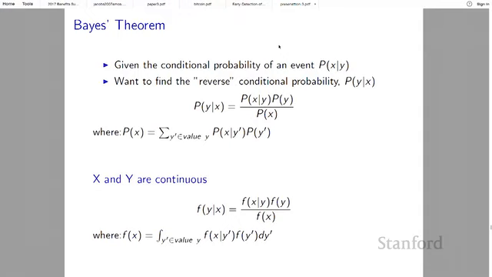What you want is to find the probability of y given x. The probability of y and probability of x are both marginal probabilities, and depending on whether x and y are continuous or discrete random variables, they can be calculated from the p of x or from the f of x. F here is the PDF, probability density function.